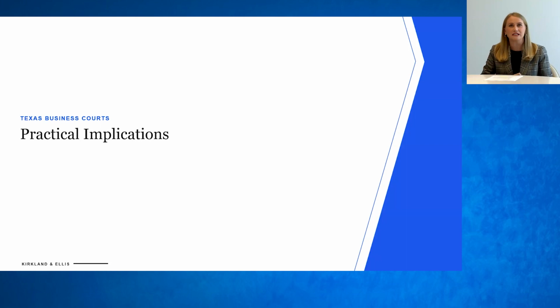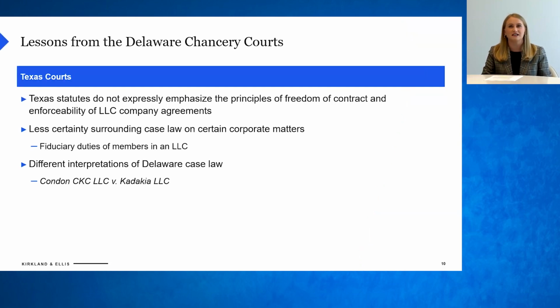So, as Ben's been discussing, and as he hinted to earlier in the presentation, these new business courts are going to have direct implications on business transactions. And obviously, we can start thinking about that just a little bit, looking at how the Delaware Chancery courts have played out and worked for over a century.